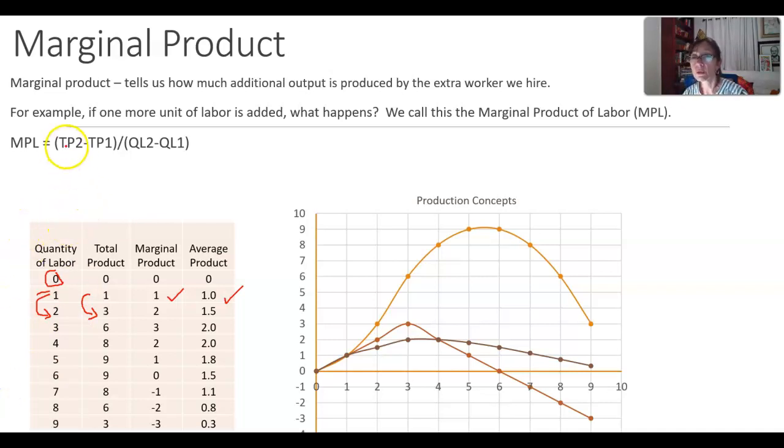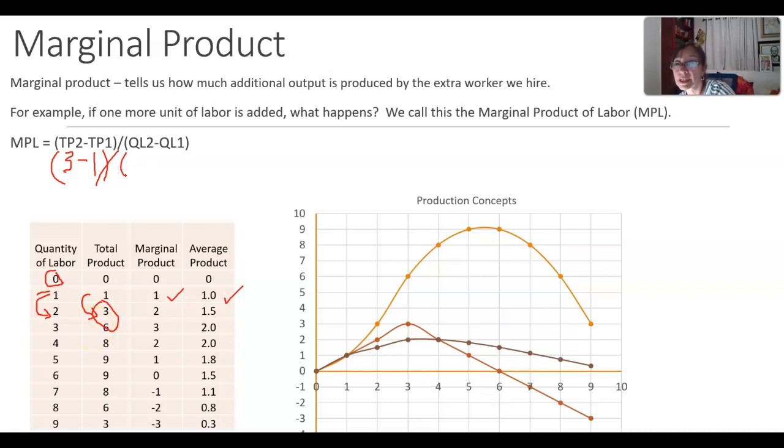Okay, so now we've come to this level. Total product, this now is going to be our starting point, and we had 3 units of product minus the previous output, which was 1. So that's total product 3 minus 1, and we're going to divide that by the change in labor.